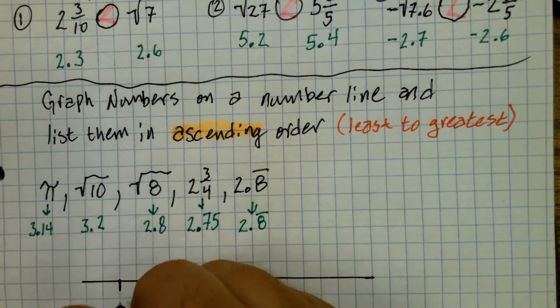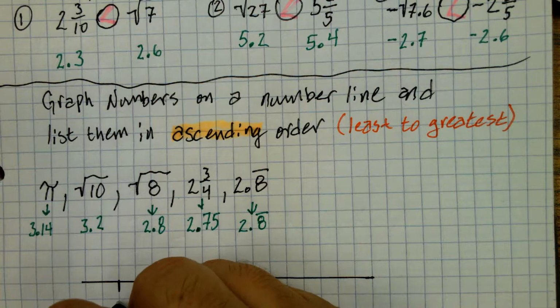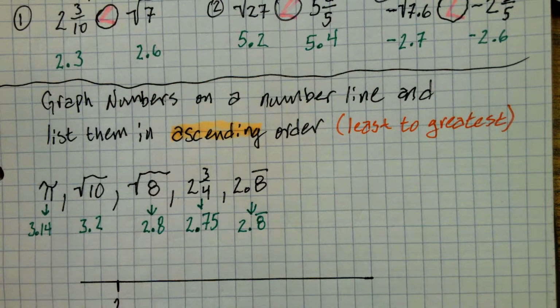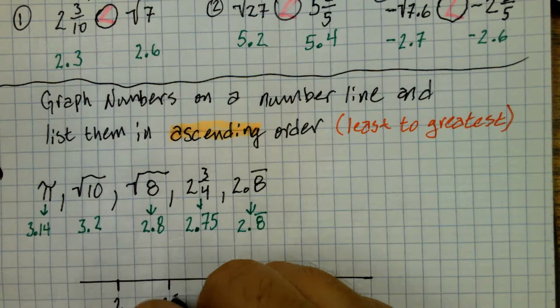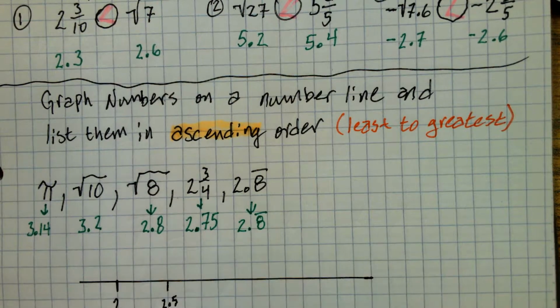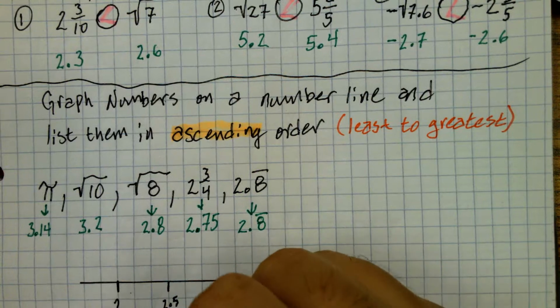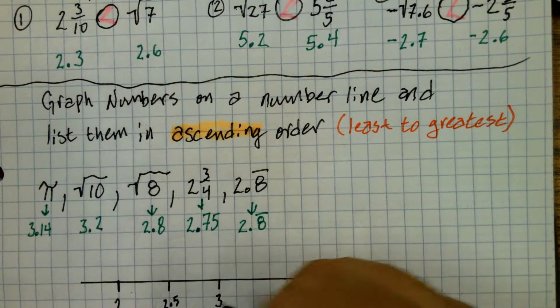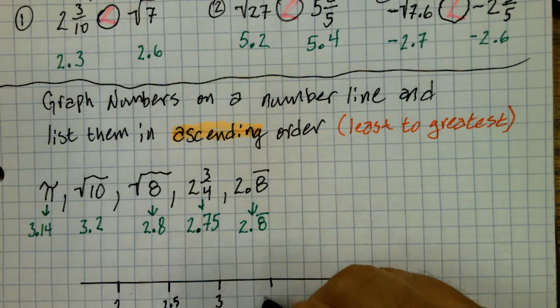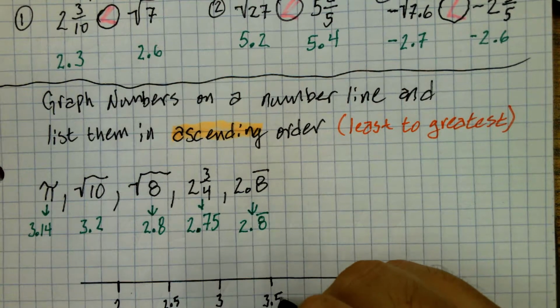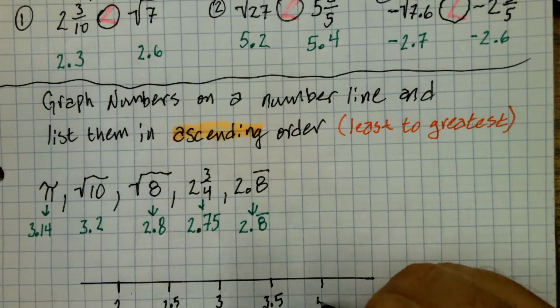So it'd be okay if we start at 2, right? And then we have to go up to 3. Yeah, let's say this is 2.5. And then 1, 2, 3. This is 3. And then 1, 2, 3. This is 3.5. And I'll just go up to 4. How's that?